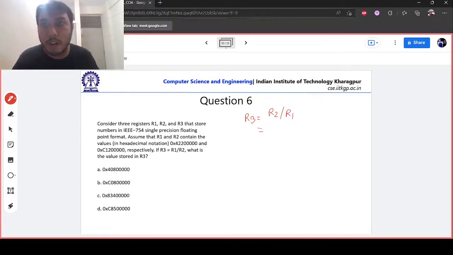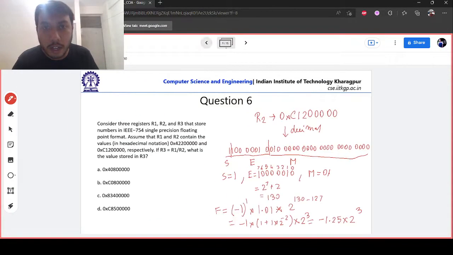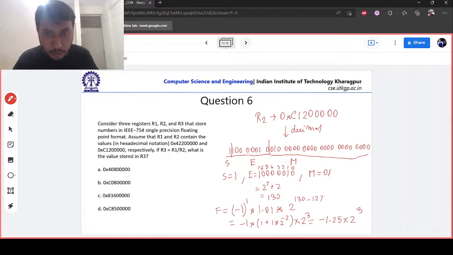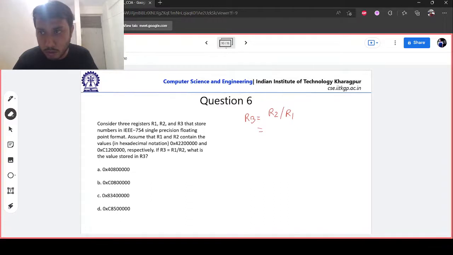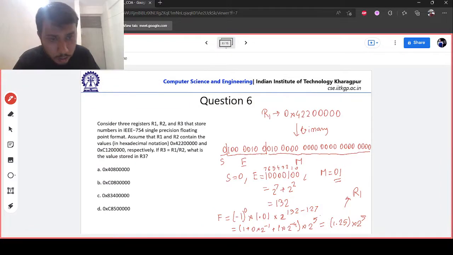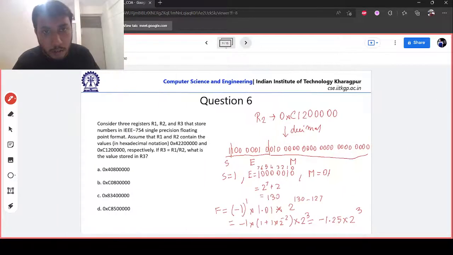So what is the value of R2 and R3? R2 we have found out. Sorry, R1 by R2. Right, so we have got it as 1.25 into 2 to the power of 5. That is the value of R1.